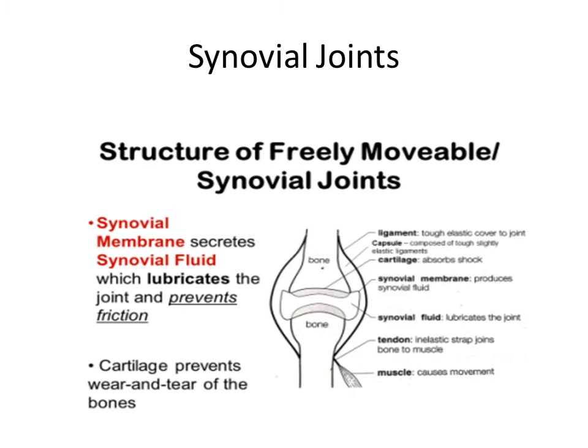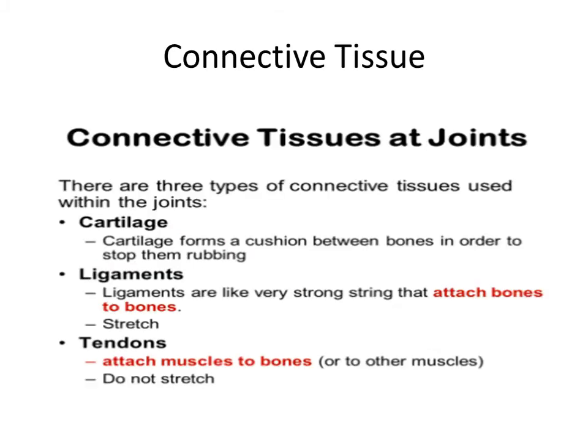So right here you have an image showing the ligament, which is tough, the capsule, which is composed of tough, slightly elastic ligaments, the cartilage, and the synovial membrane, which produces the synovial fluid. So that's where synovial fluid comes from, which lubricates the joint. Then you have the tendon, and then you have the muscles, all right? Remember that muscles cause movement, all right? So here it does the same function, causes movement.